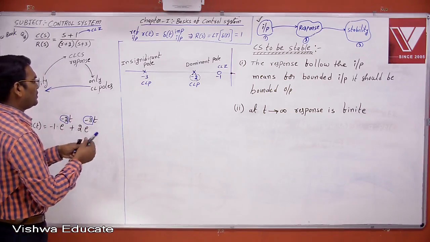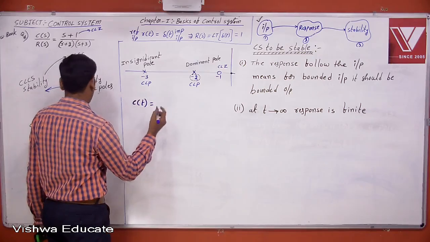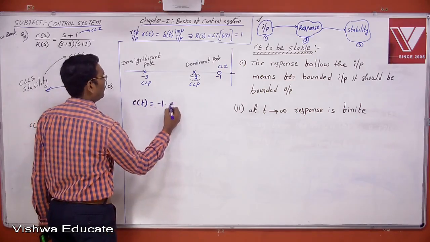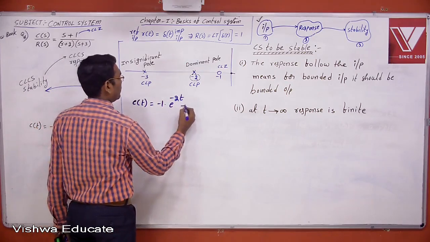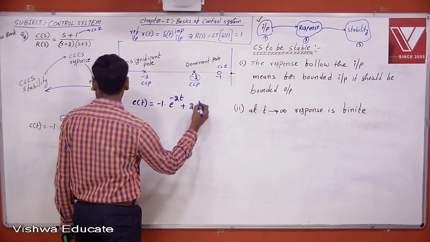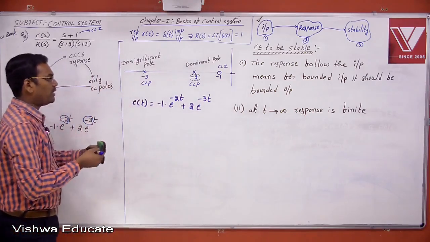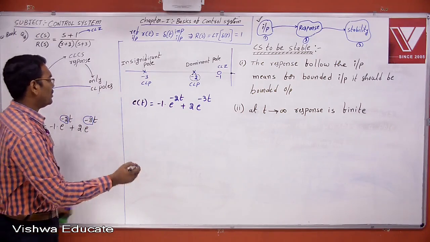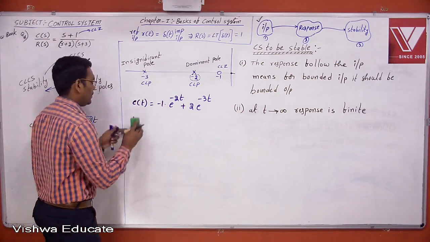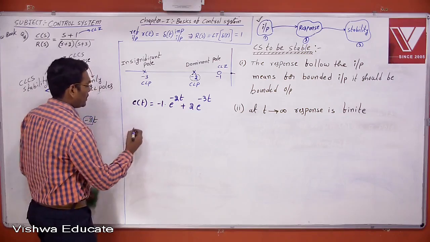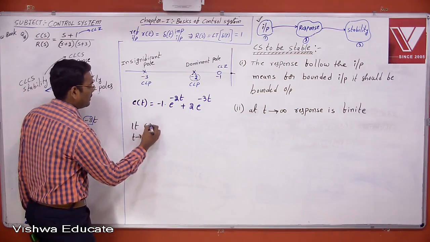What is the response? The response C of t is equal to -1 into e power minus 2t plus 2 into e power minus 3t. What this point 2 is saying is, if you substitute limit t tends to infinity in the response, then what happens?